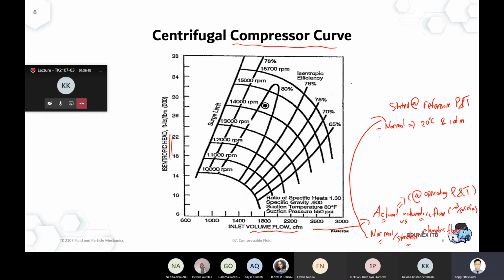For a standard, there is a different standard. There is a thing called NTP or STP, probably you heard it in basic chemistry. STP is like 25 degrees C and 1 ATM, right? Room temperature.